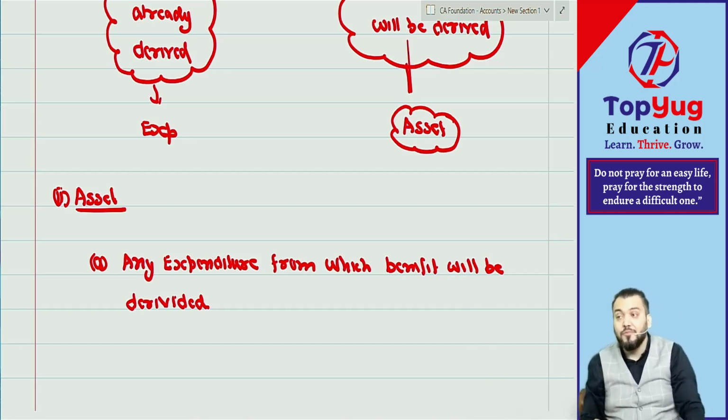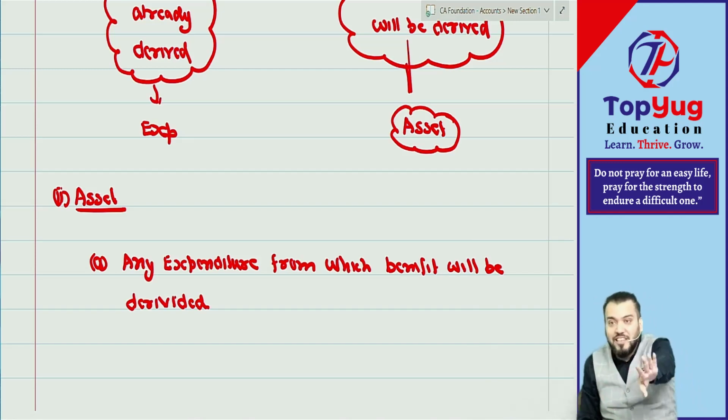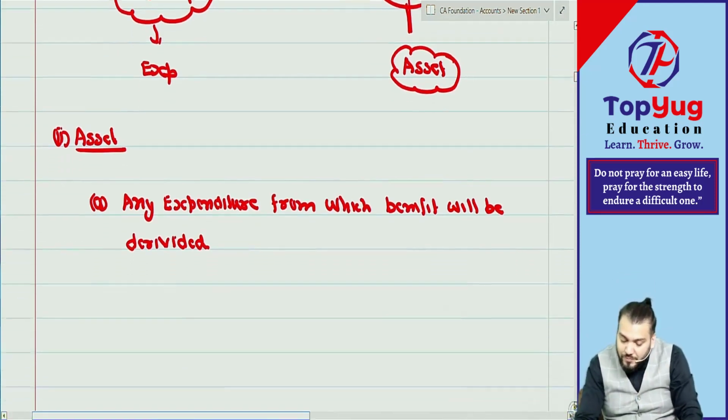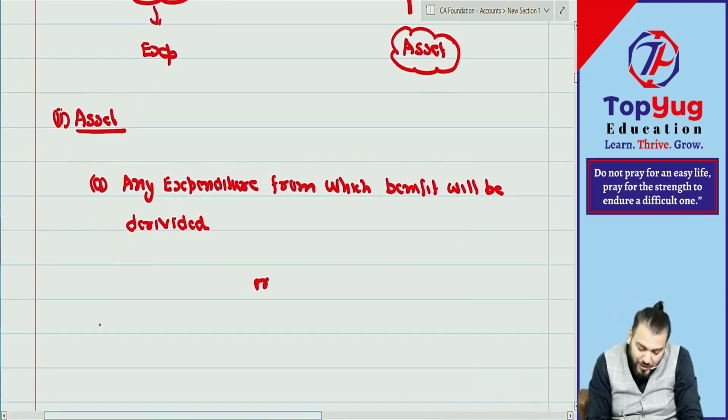Any expenditure from which benefit will be derived is an asset. Understood? I think no explanation required. Correct? Understood?